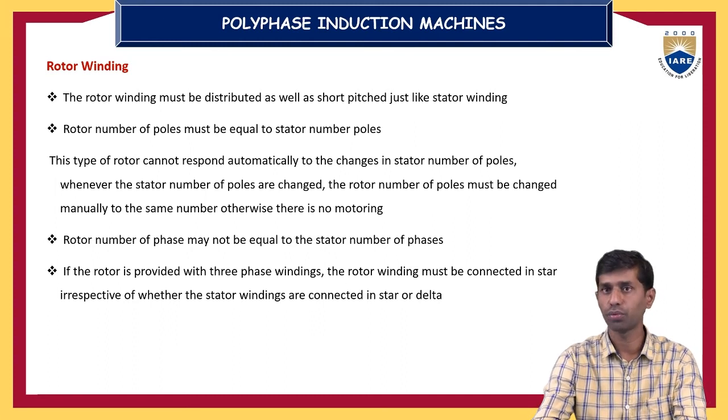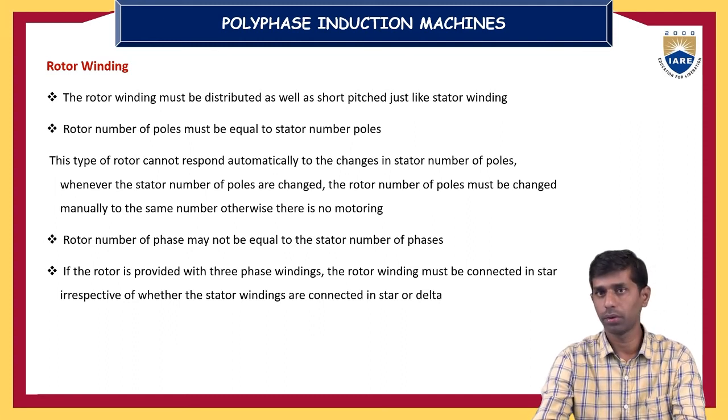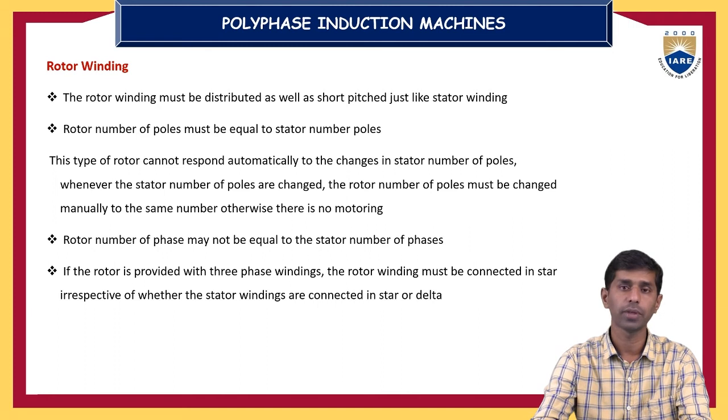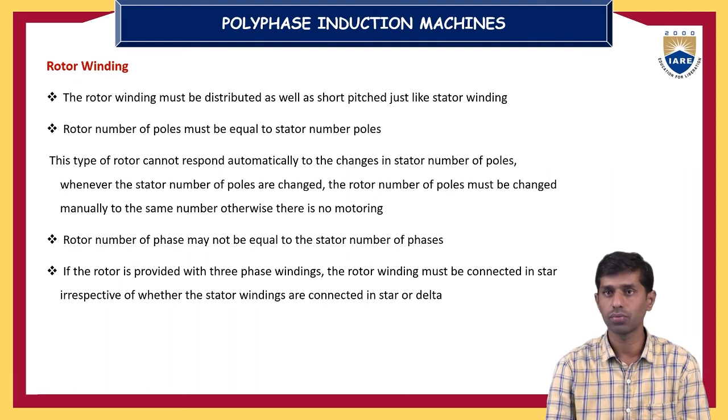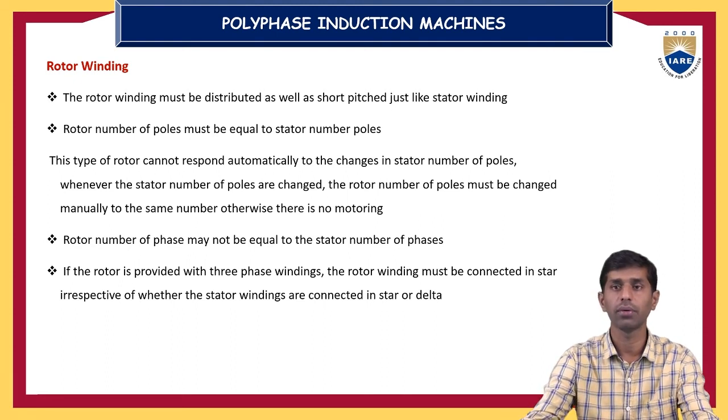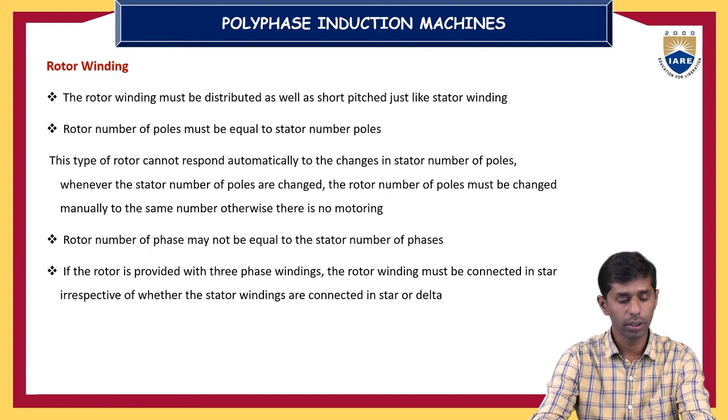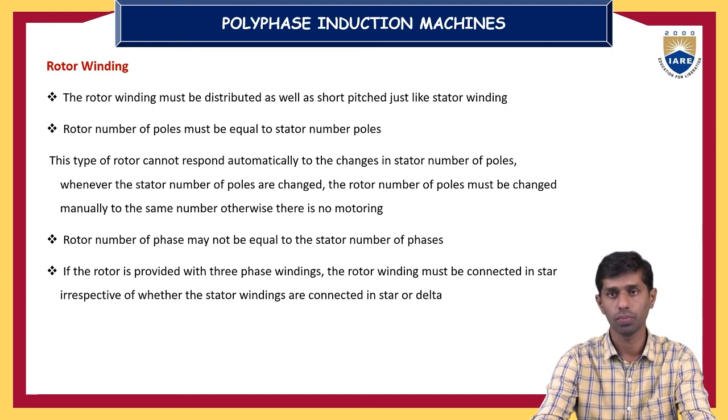In a slip ring induction motor rotor, the rotor winding must be distributed, and it should be a short pitched winding to decrease the ohmic losses as well as to decrease the quantity of winding we use. This type of rotor cannot respond automatically to changes in the stator because it does not have induced poles.